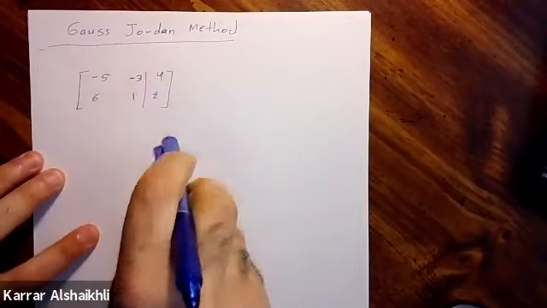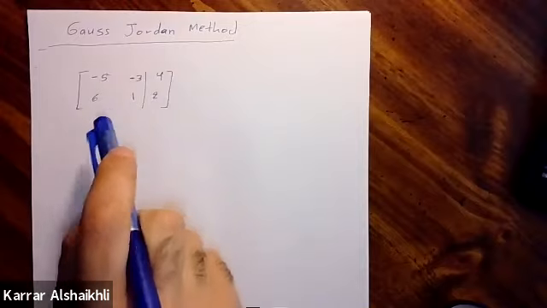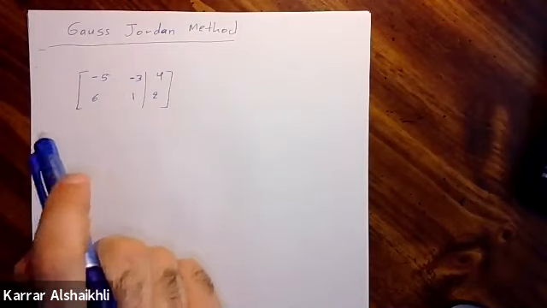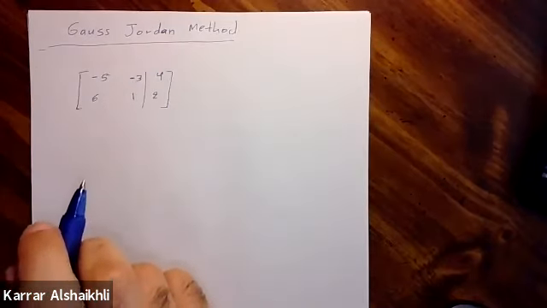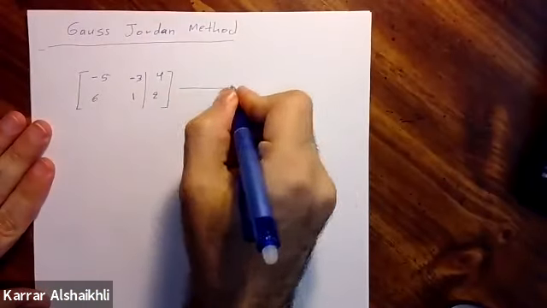So here is the matrix, and they ask you to use Gauss-Jordan method to find the solution for this system or for this augmented matrix. So my goal is to find the solution. How?